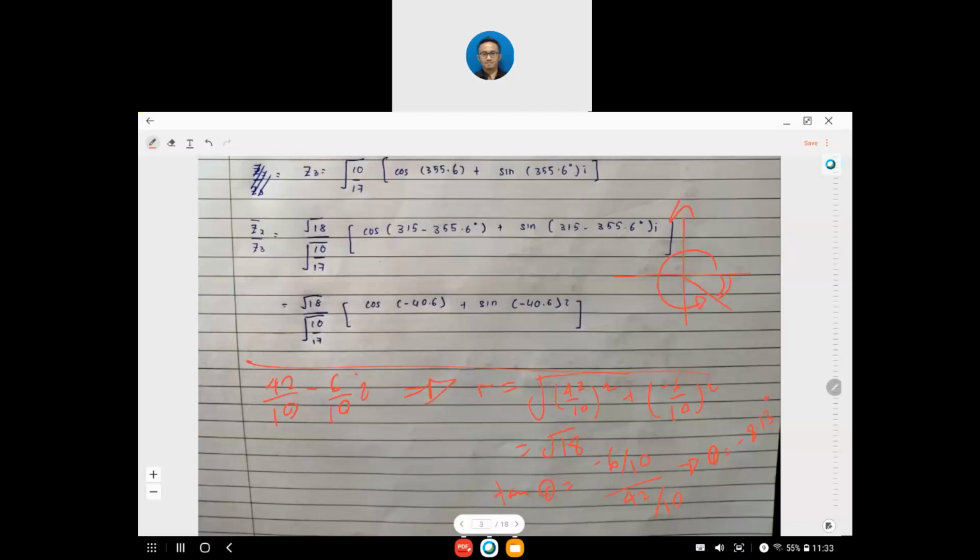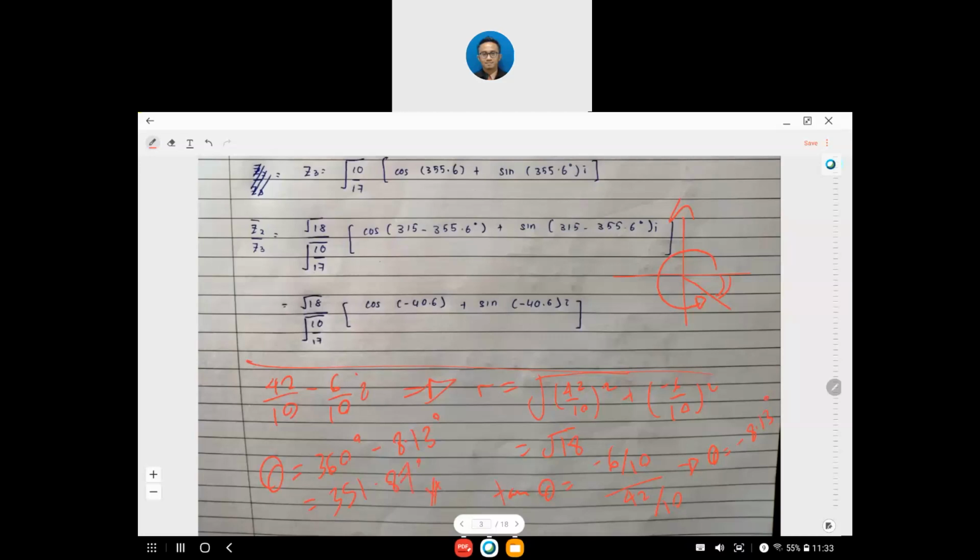So, theta equal to 360 minus 8.13 degree. Okay, so you can get the answer 351.87 degree.